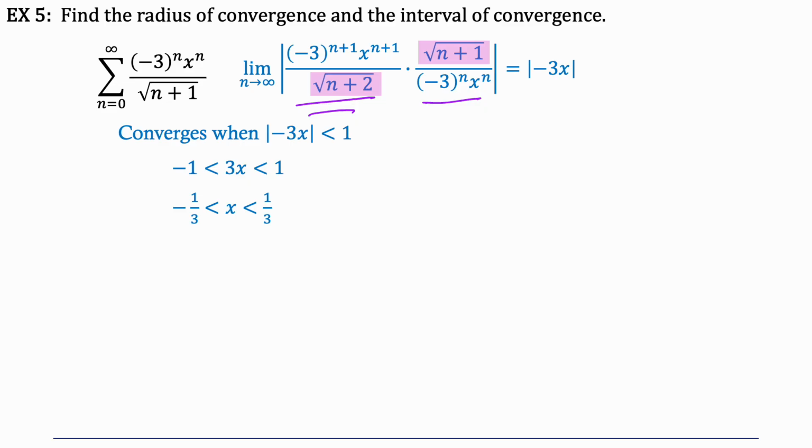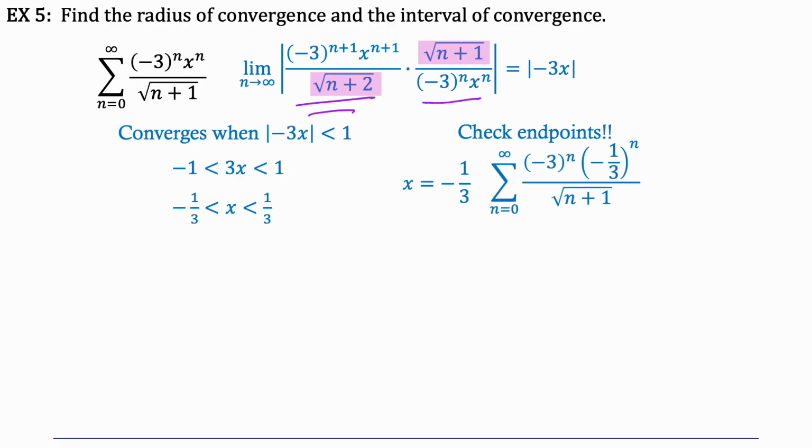Okie dokie. Now, again, we have to check the endpoints. So we'll plug in negative 1/3, and let's simplify that. Okay, now we have to see if this series 1 over the square root of n plus 1 converges or diverges.